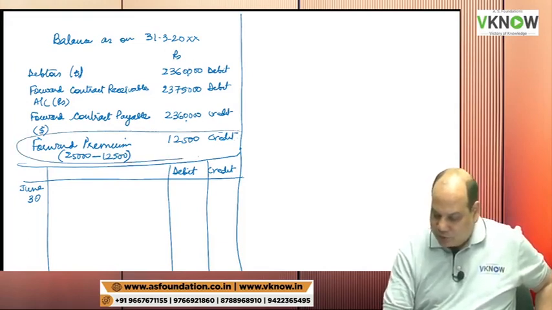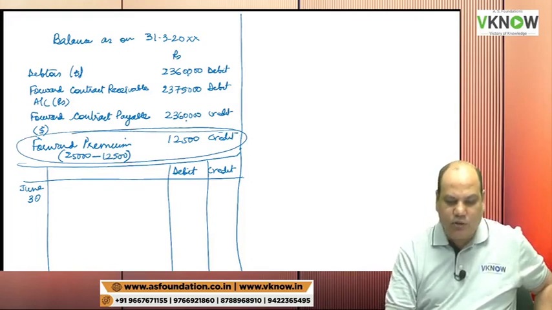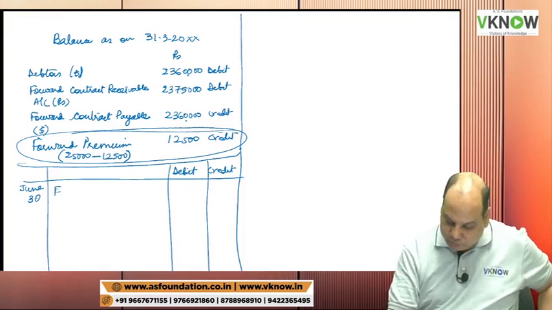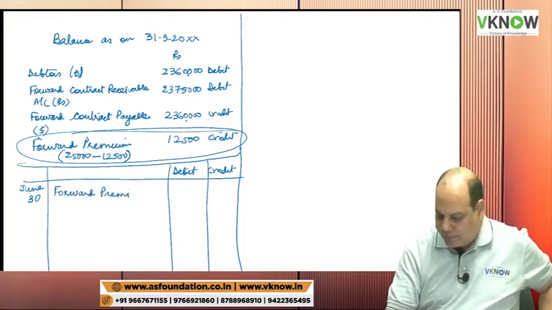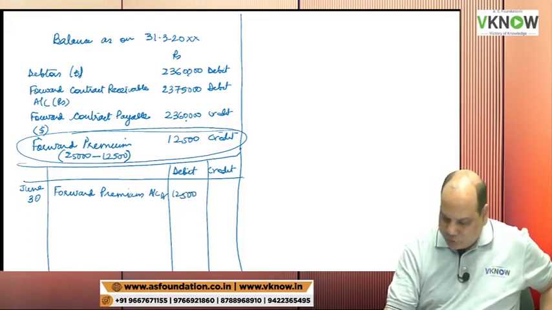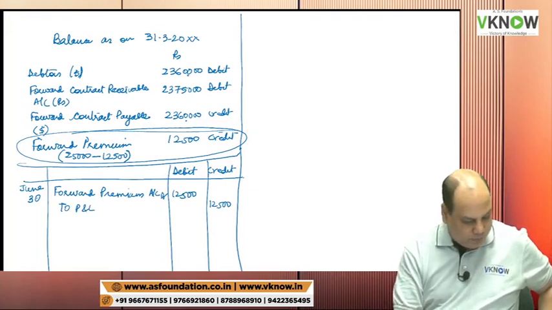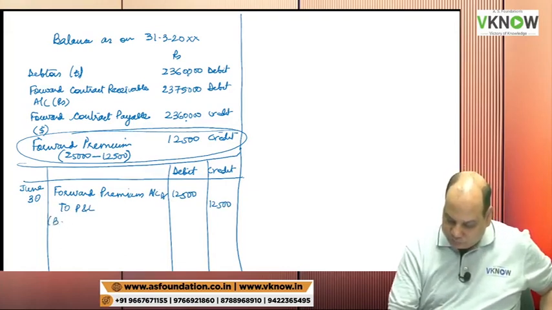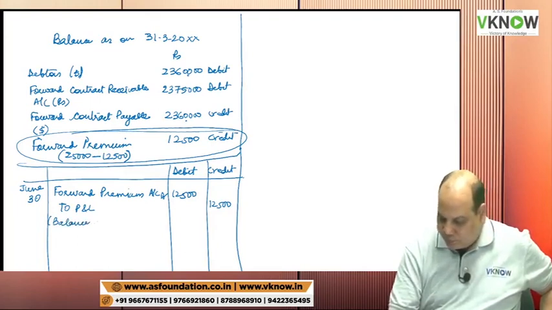First, this balance in forward premium account, I will transfer to P&L account. Forward premium account debit 12,500 to P&L account 12,500.